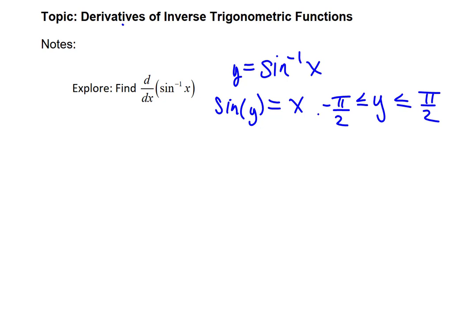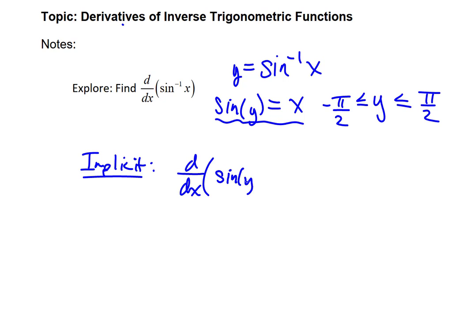Now, if this is the case where I start with y equals sine inverse of x and find that to be the same as sine of y equals x, then we can use implicit differentiation to take the derivative of this implicit form, where if I take d over dx of the left side, which is just sine of y, and then set that equal to d over dx of the right side, which is just the x.